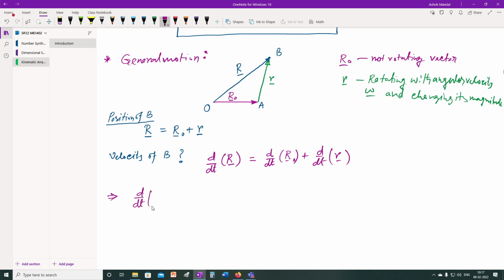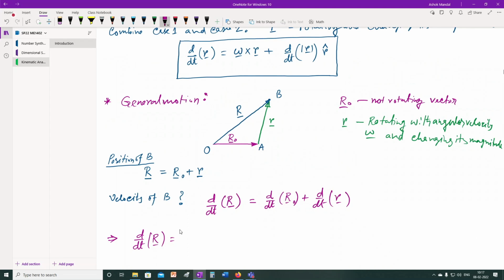The first term: R0, V0, omega cross R plus... Remember that R0 is a not rotating vector, so only dR by dt, the differentiation of the magnitude of R, in the R0 direction.